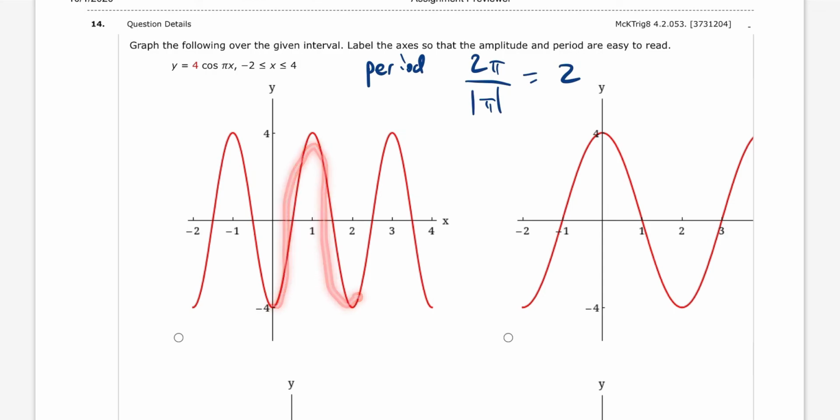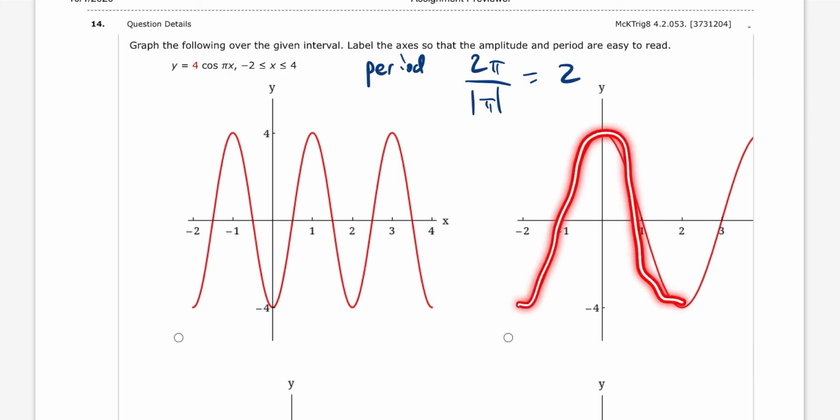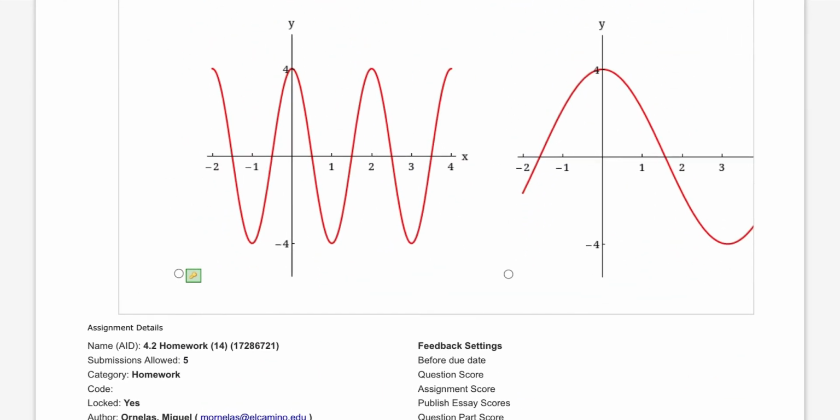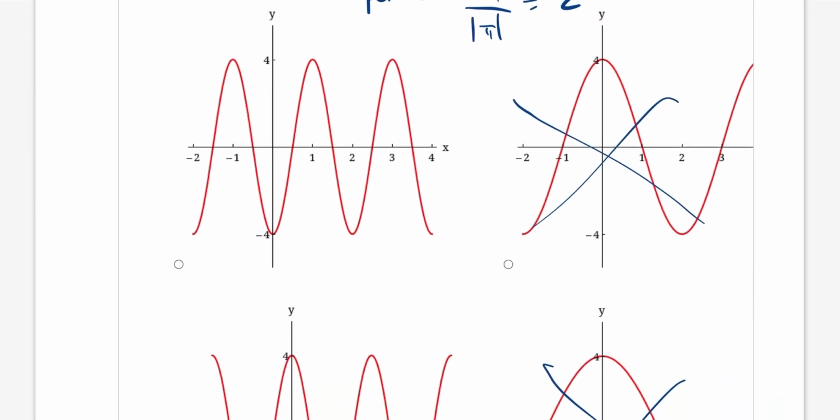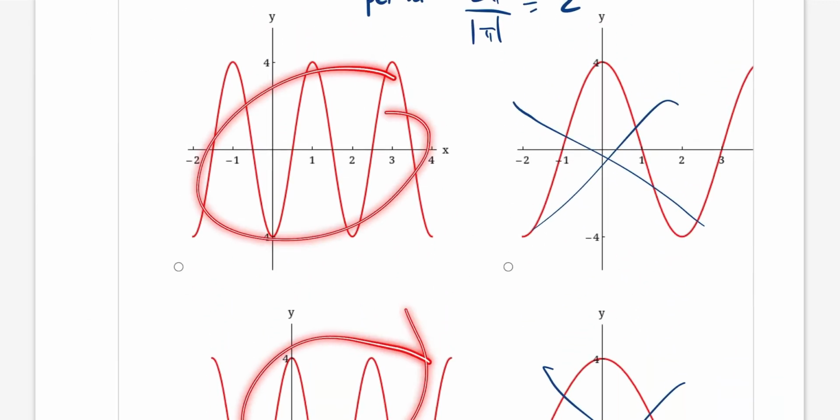So that's a possibility. This one is not. This would go from here to here. That's too much. That's a period of 4. So that one's out. This one would go from here to here. That's period 2. This one clearly does not have a period of 2, so that one's out. So it's got to be between these two choices here and here.